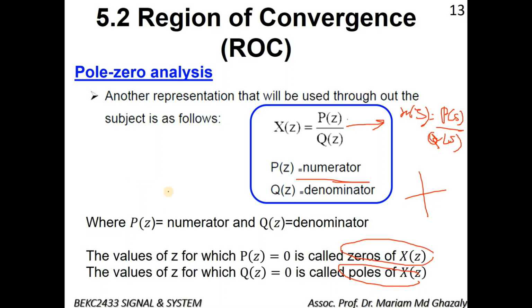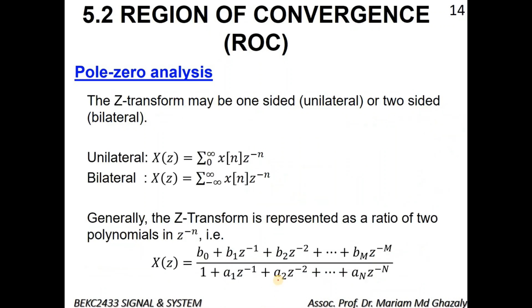Similarly, the Z-transform can use the same representation as what you have done in the Laplace transform. For the Z-transform, you may see that it can be one-sided, which is unilateral. I have explained just now that you have the right-sided sequence and the left-sided sequence.